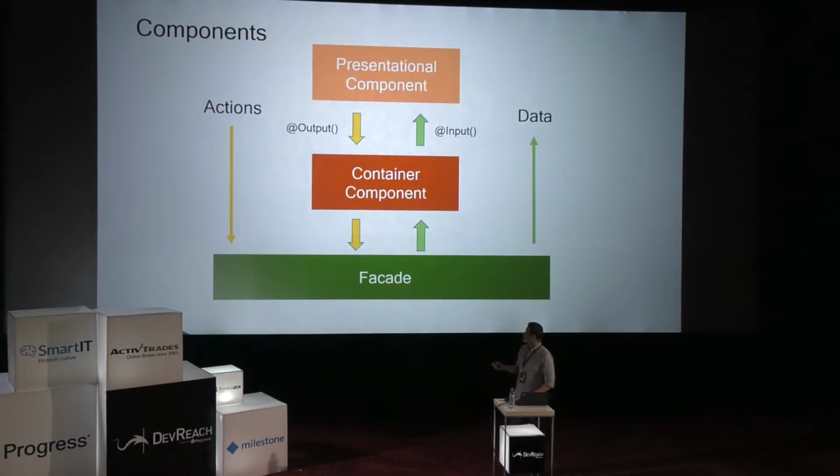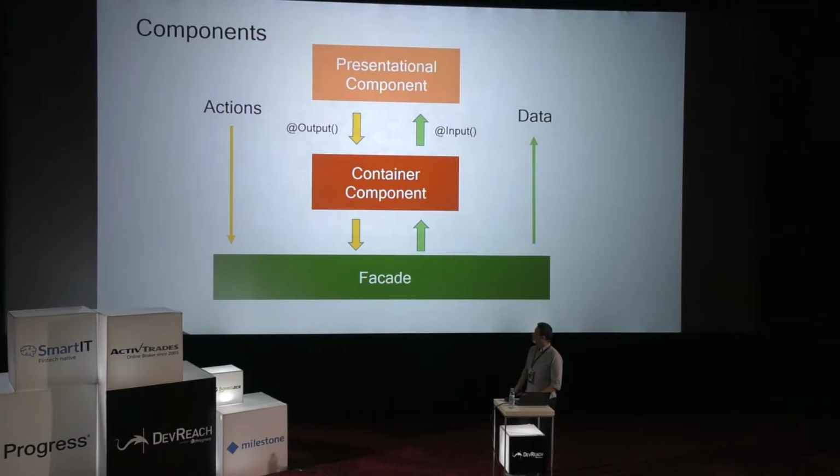We can see this clearly in this diagram here. Our container communicates with our business layer. It knows where to take the data from, and then passes the data to our presentation component as an input. And the same goes in the other direction. When some event occurs, the presentation component notifies the container, and it then talks to our business layer about what needs to be done.